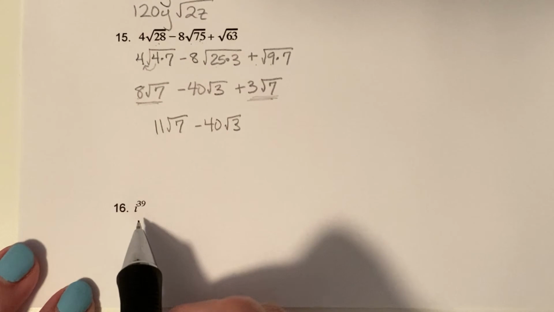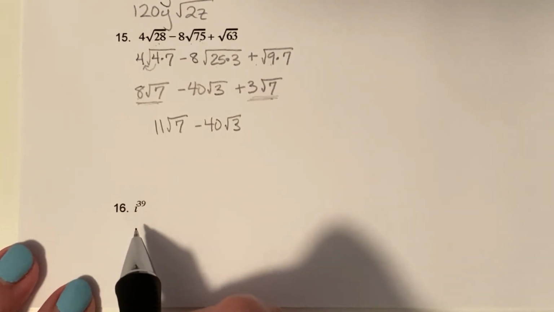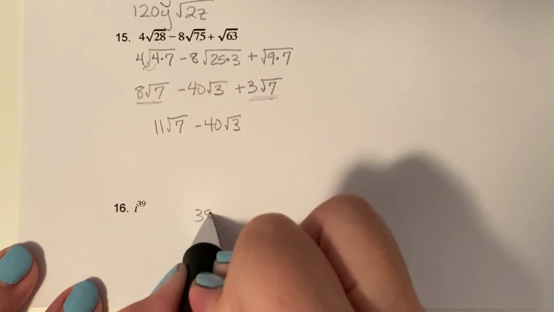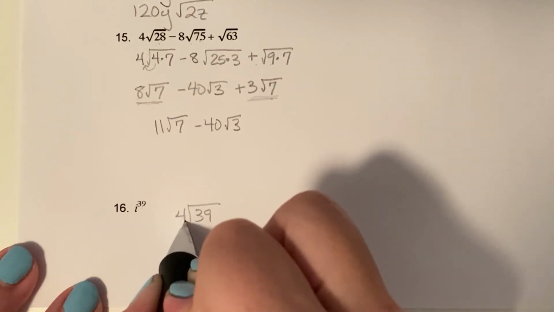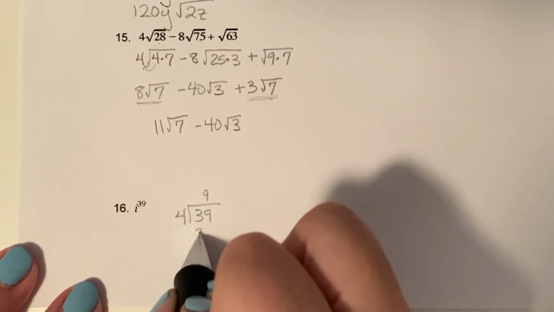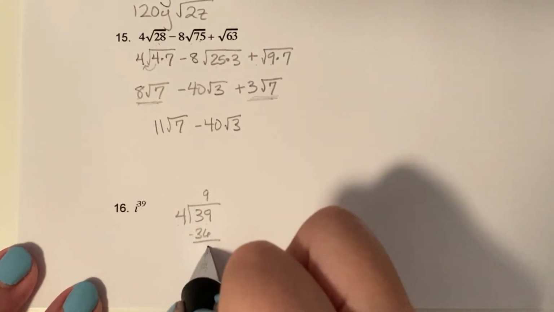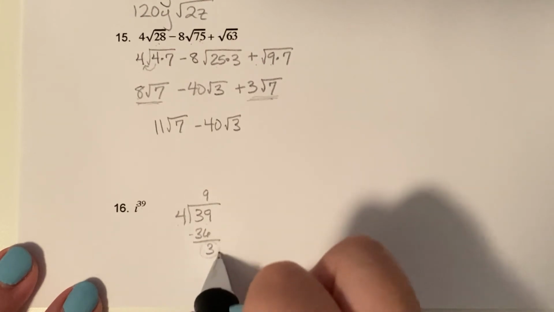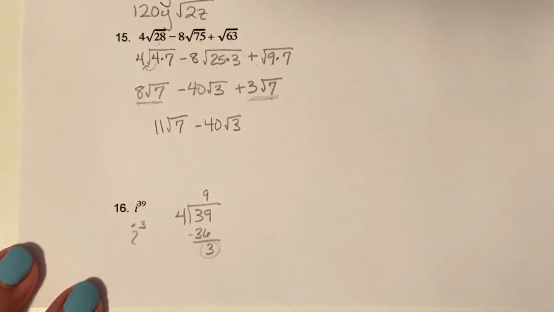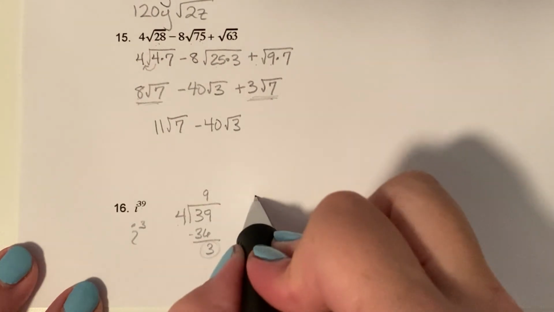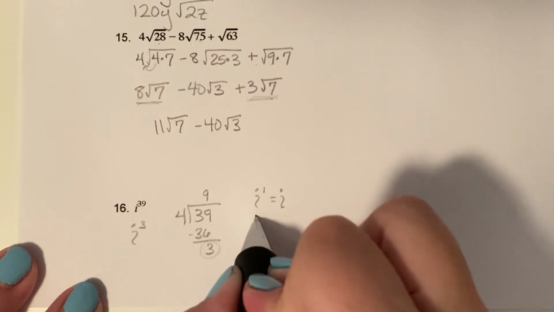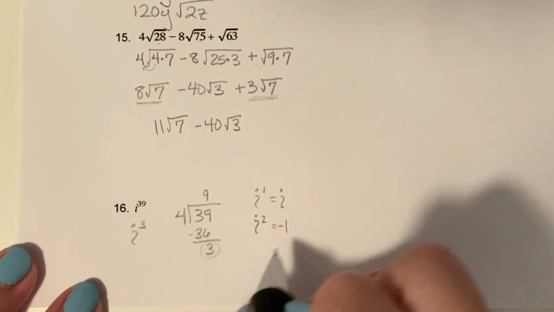Okay, so for imaginary with powers. So remember, our step here is to take the 39 and divide it by 4. Okay, 4 can go into 39 9 times. And whatever our remainder is, that goes there. And now if we have I to the first power, it's just I. I squared is negative 1.